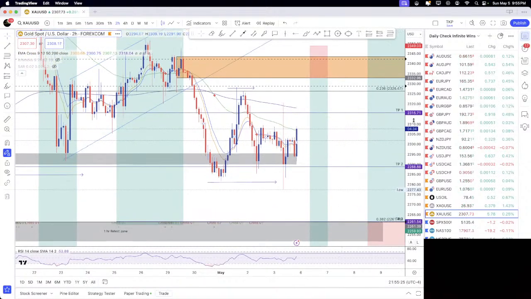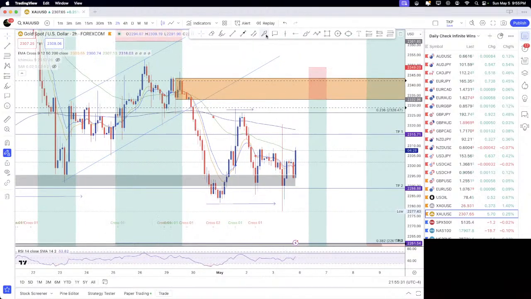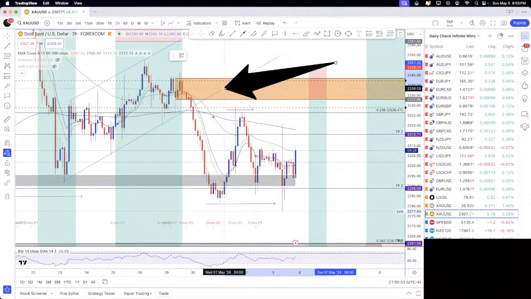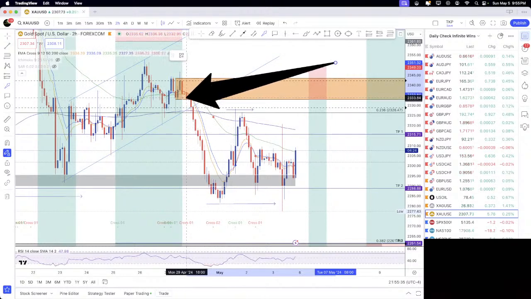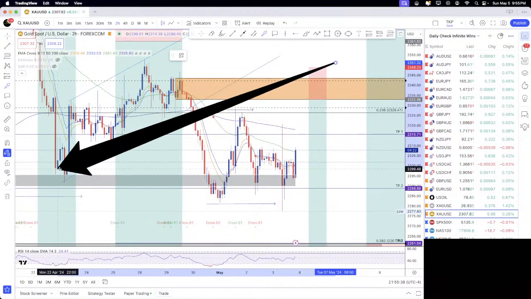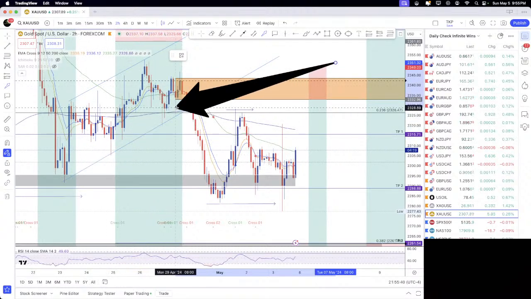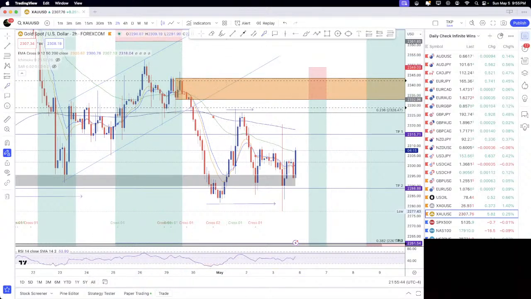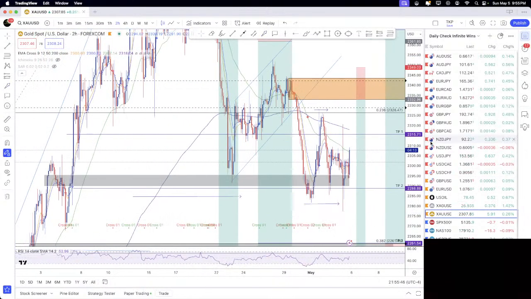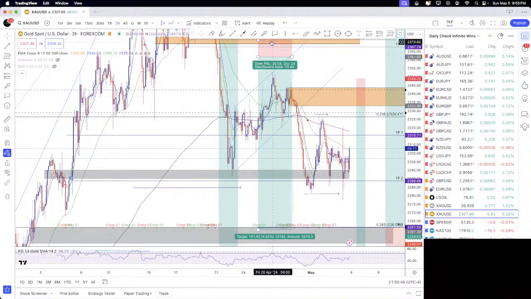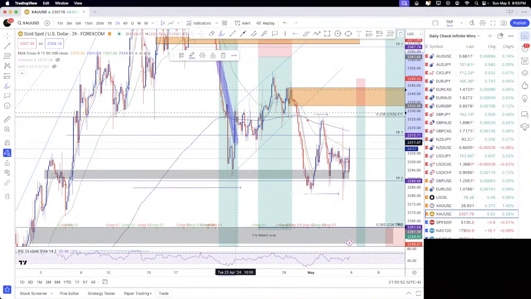Because earlier, before price started to act all funky right here, we wanted to add to our gold sell, okay? Right here at this area. Simply because it's the retest of this bull flag, okay? That's this continuation pattern. In most cases, when the market is moving down, it's always going to move down and up.